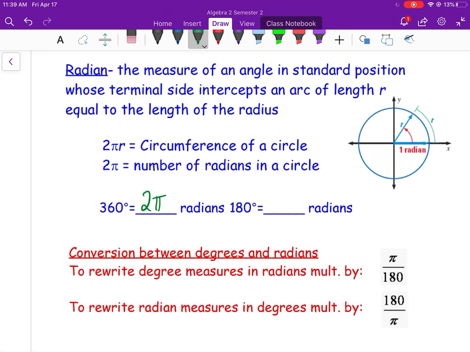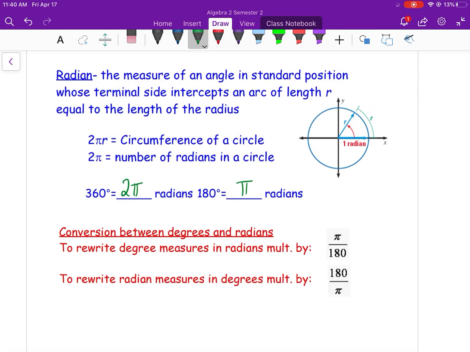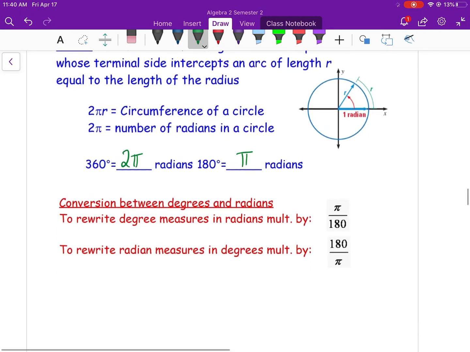180 degrees, which is half of 360, would be pi radians. So the big thing to remember is that a full rotation, or 360 degrees, is 2 pi, meaning a straight line is pi or 180 degrees. Just like you would convert feet to miles, you have to have that conversion factor.